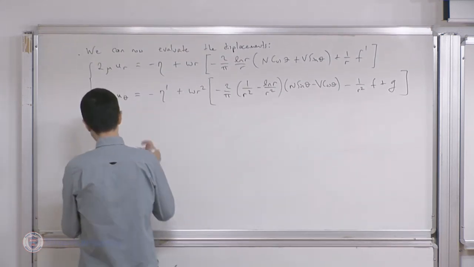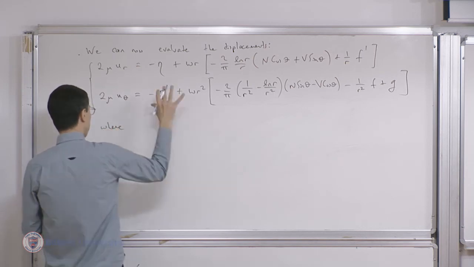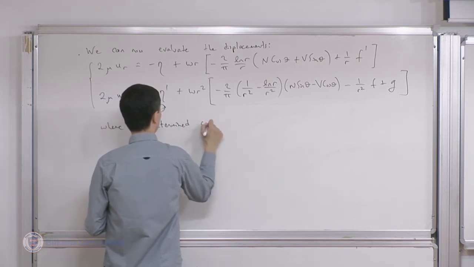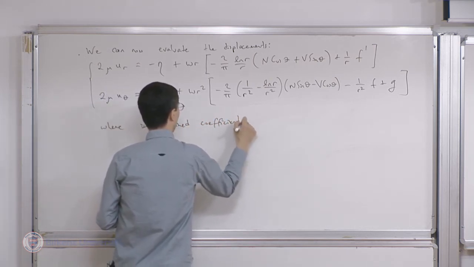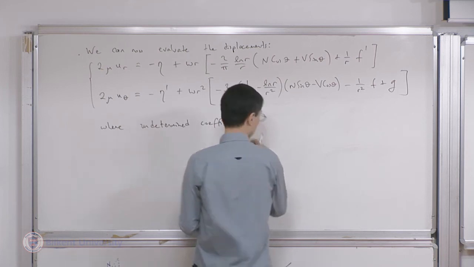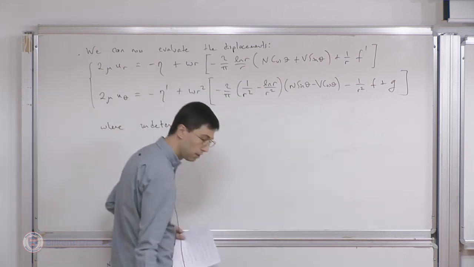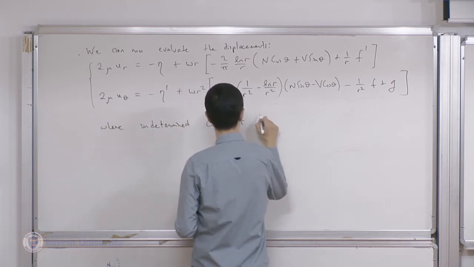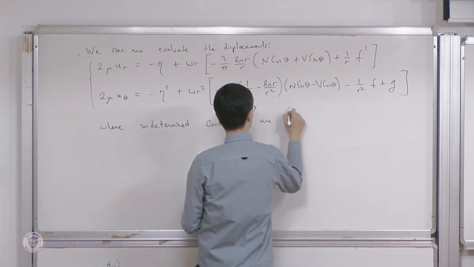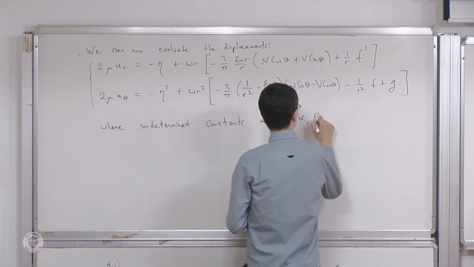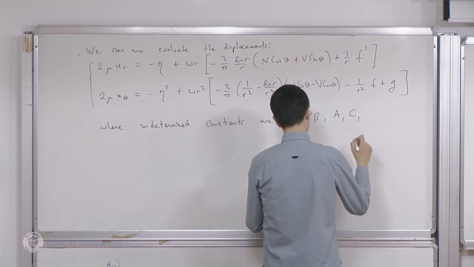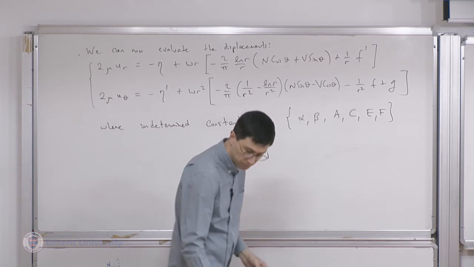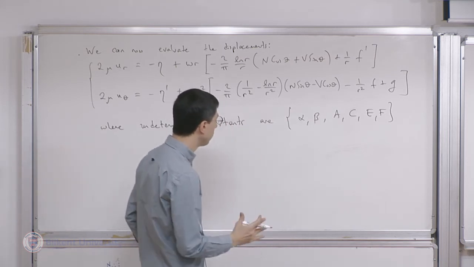So in this form, if you plug in everything, there are undetermined coefficients, or let's say constants: alpha, beta, A, C, E, F. Okay, so a total of 6.